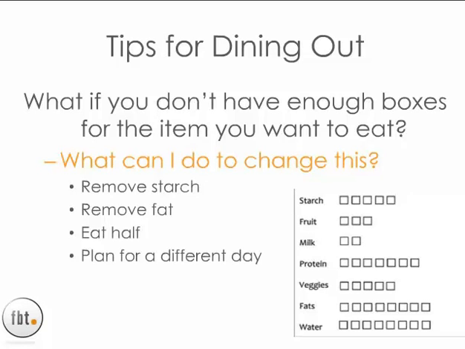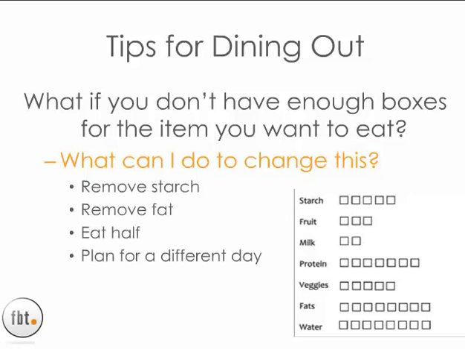Let's say that I have too much fat in my meal for the boxes that I have left. Well, I could ask for the mayonnaise to be removed or the butter to be put on the side instead of on the item. Any sauces or dressings, could those please be put on the side? And that way you have control over how much fat you add and can count it accordingly.